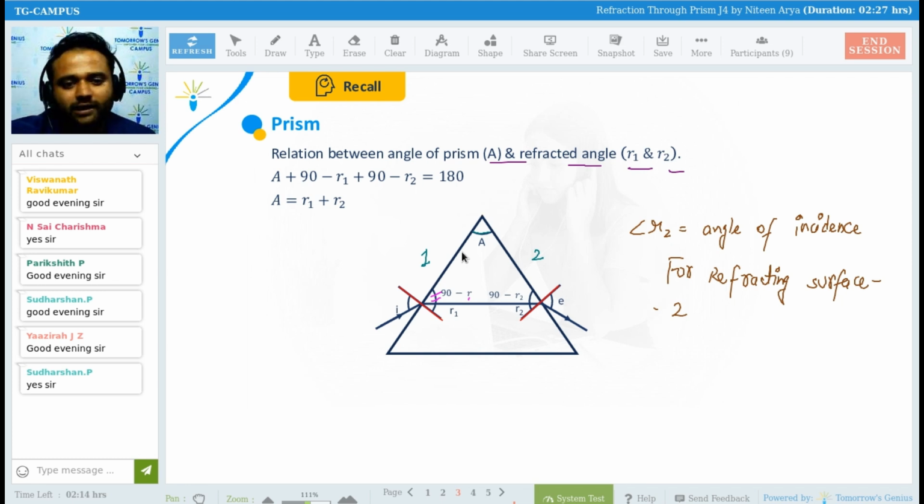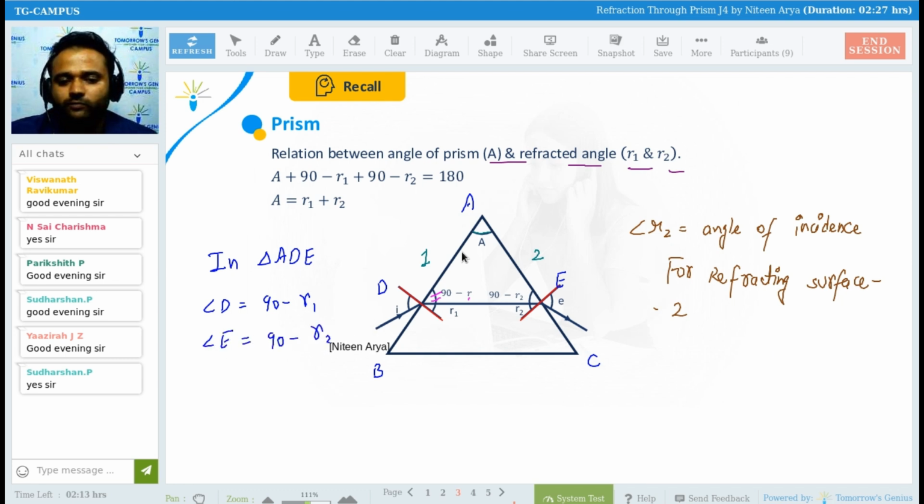There are two similar triangles, first this A, B, C, and A, D, E. You can see now in triangle ADE, that is very basic, angle D is 90 minus R1. Similarly, angle E is 90 minus R2.